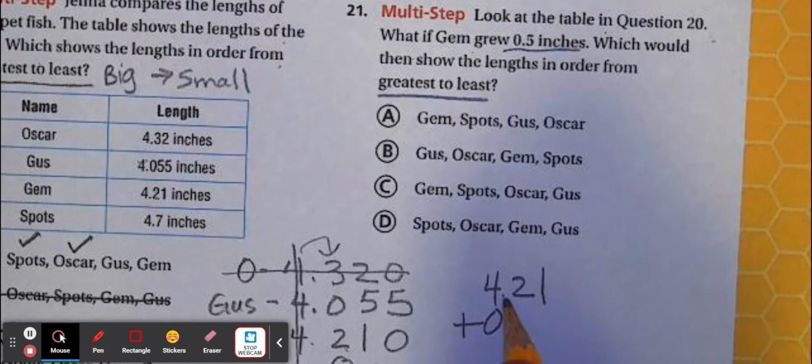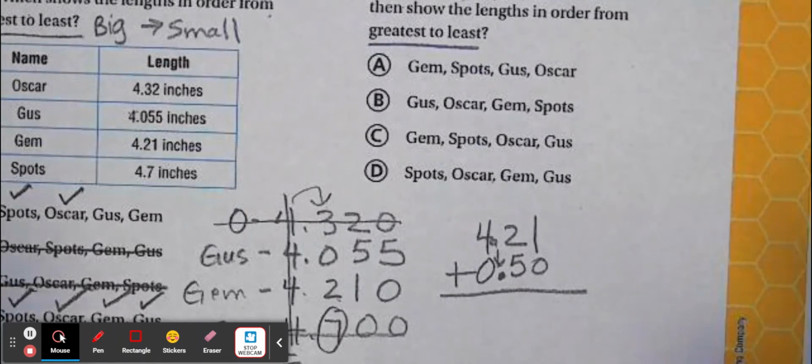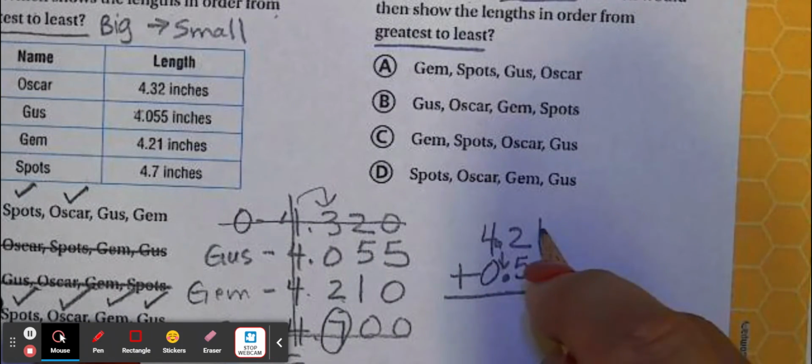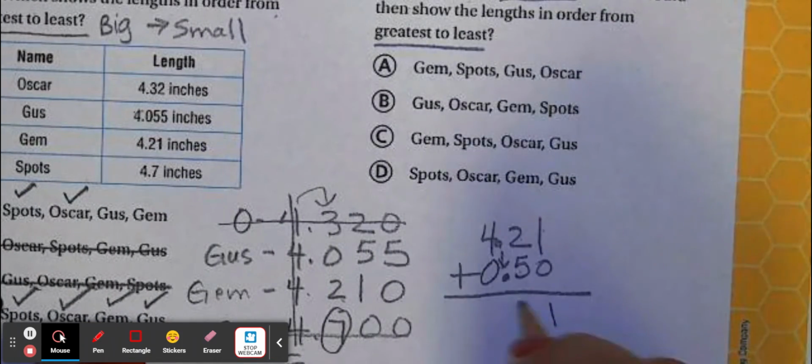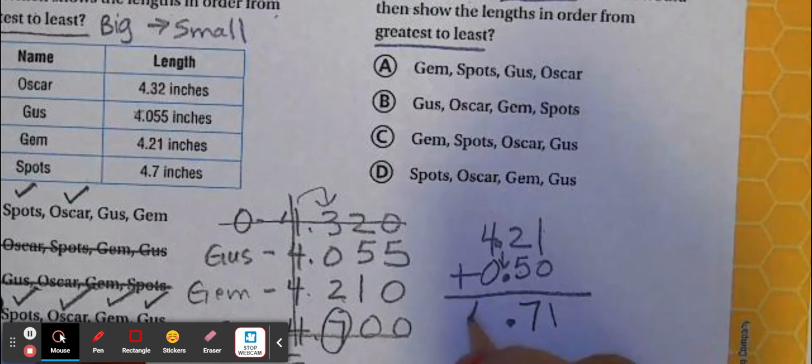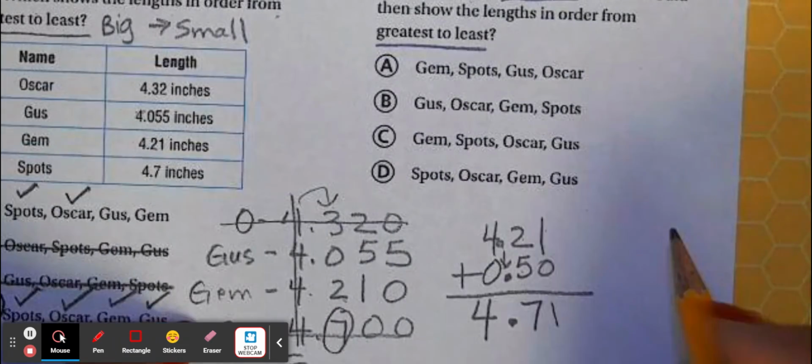I have to line up my decimal when I'm adding. That rule never changes, and you learned that last year, and in 3rd grade too. So it's 1, 5, 6, 7. Bring down my decimal. So now Jem is this one.